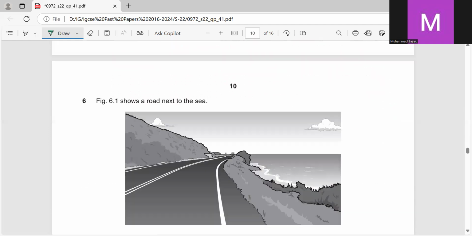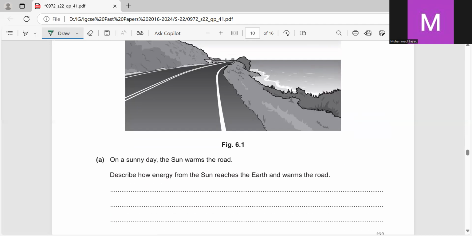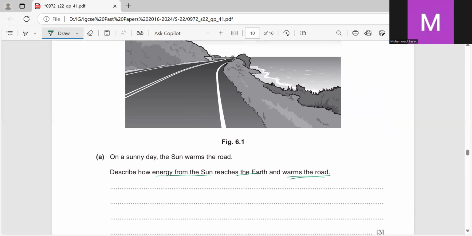Next, my dear friends. Now, again, there is a question on thermal. Figure 6.1 shows a road next to the sea. On a sunny day, the sun warms the road. Describe how the energy from the sun reaches the earth and warms the road. It is not conduction. From the sun to the earth atmosphere and then to the road, that is basically radiation.